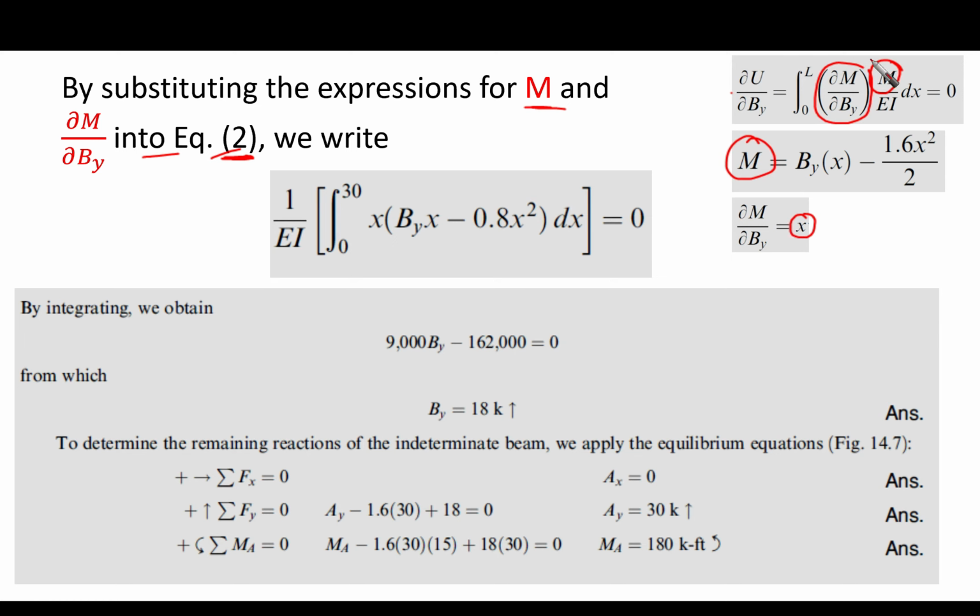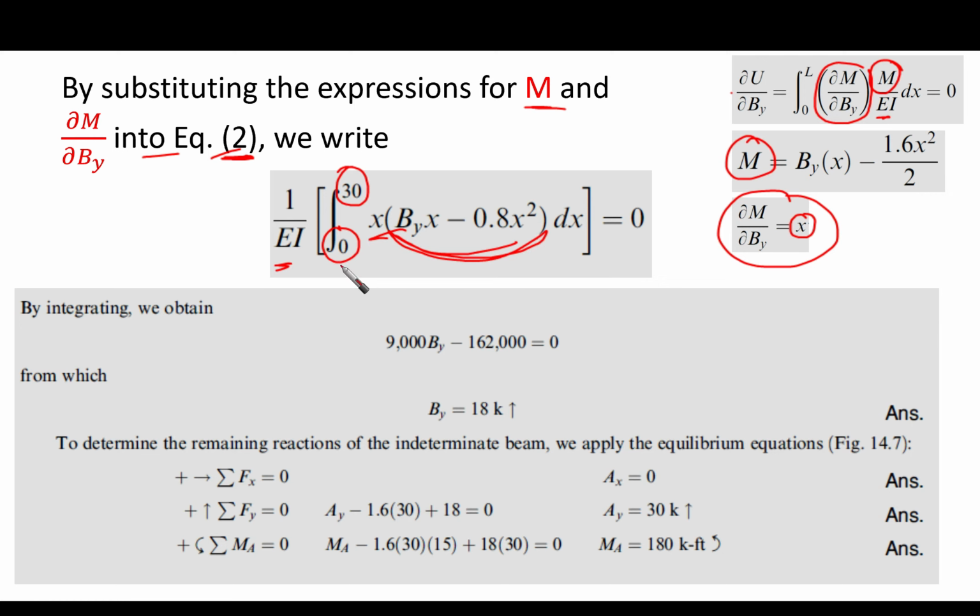So we are going to multiply both and put it into the integration. So EI is a constant, so we put it outside, and the integration from 0 to 30 because it is the length of the beam. X, which is partial M partial by, we put it here, and then this between the parentheses is byx minus 0.8x squared, dx.